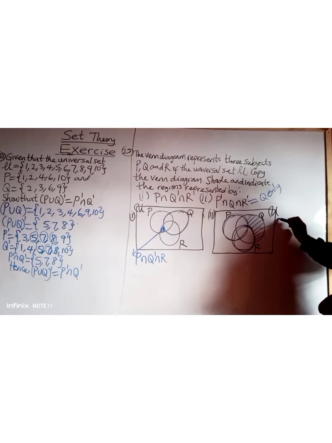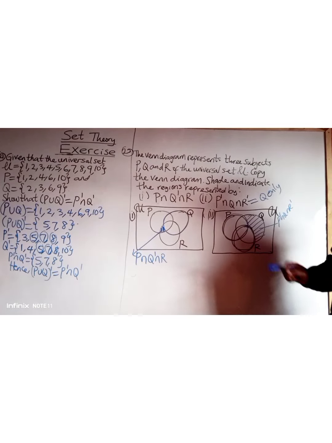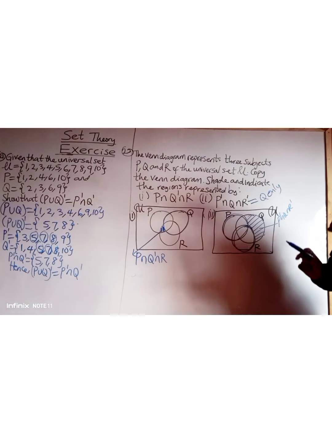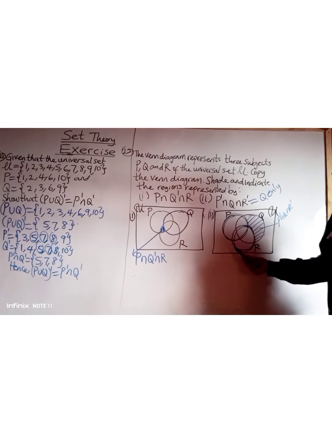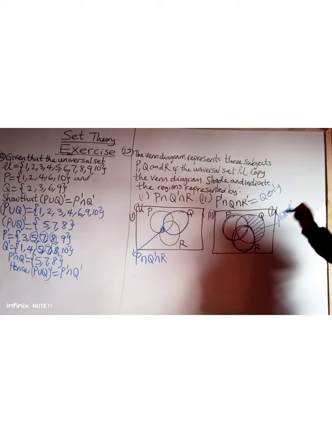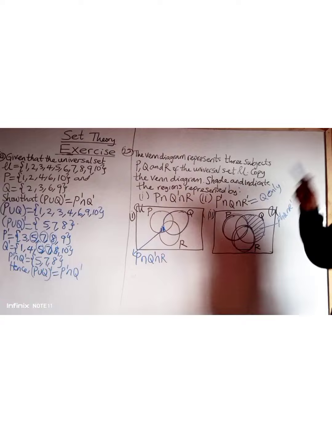This element that we can only find in Q, that we cannot find in P and cannot find in R, is P prime intersect Q intersect R prime. It means Q only.